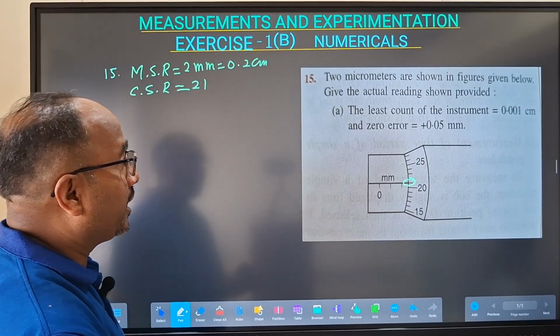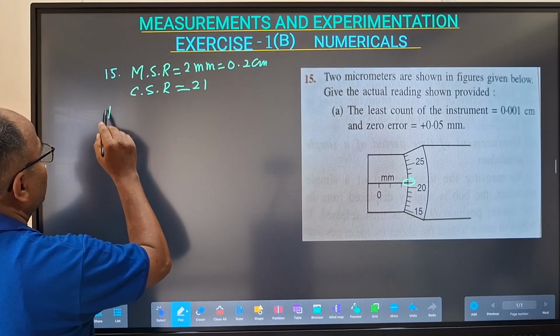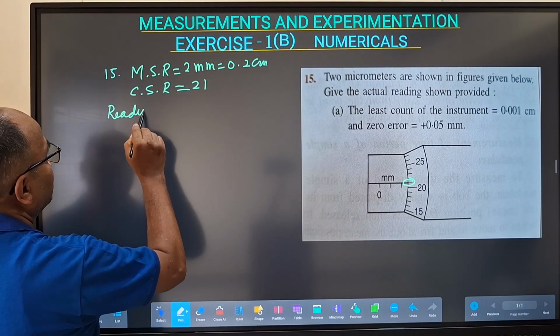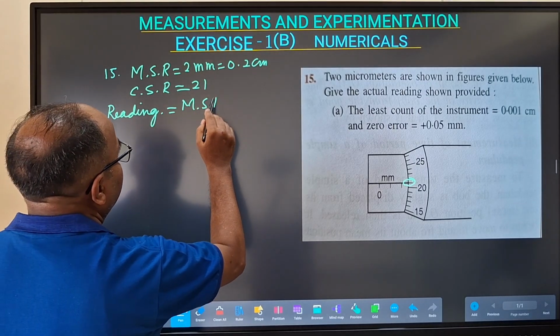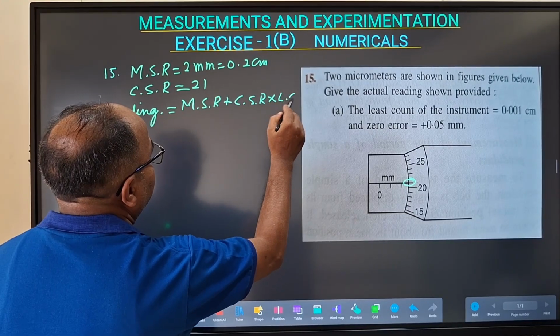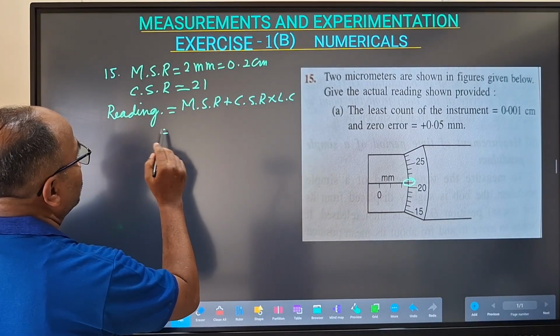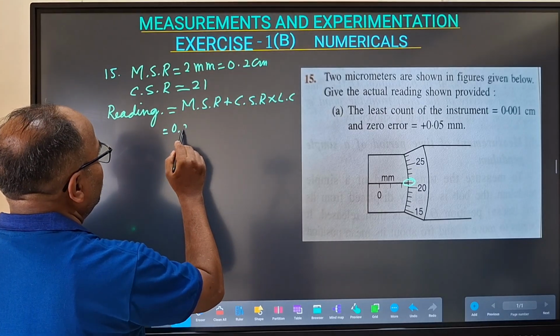Okay, so now we can come to know what the reading is exactly. So reading is MSR plus CSR into the least count. So we have got MSR, the main scale reading, as 0.2.